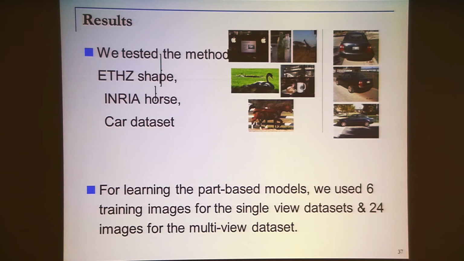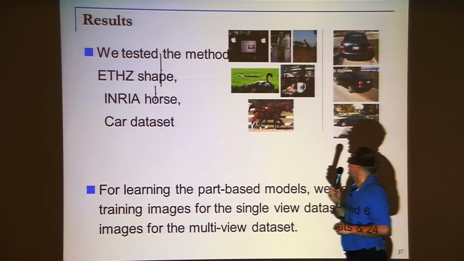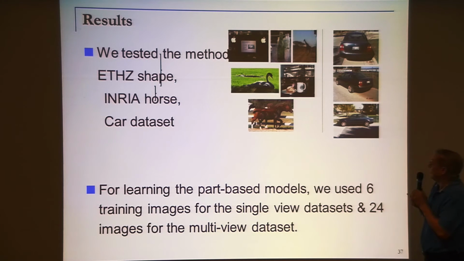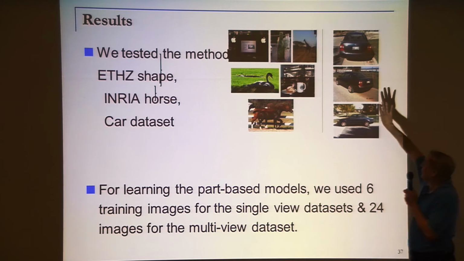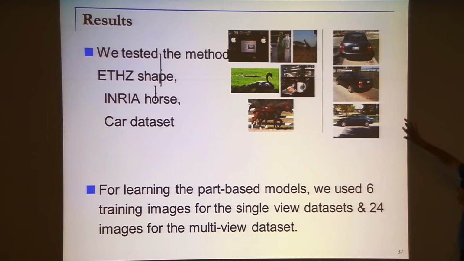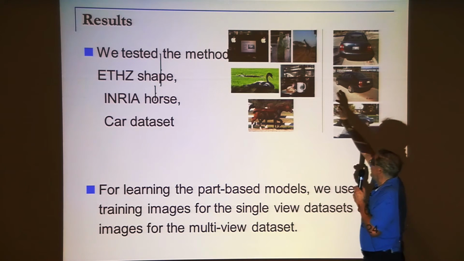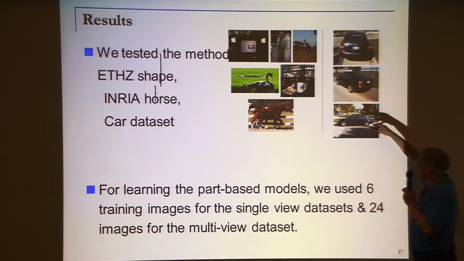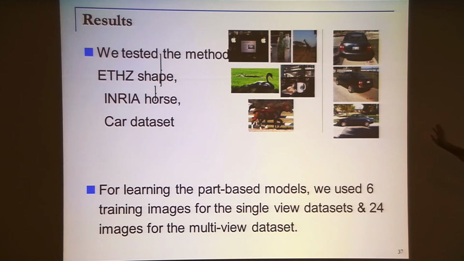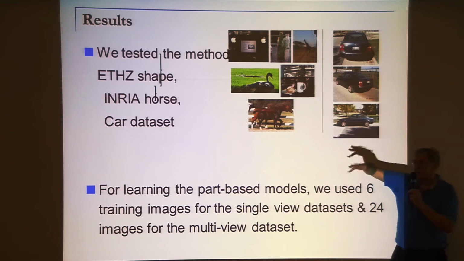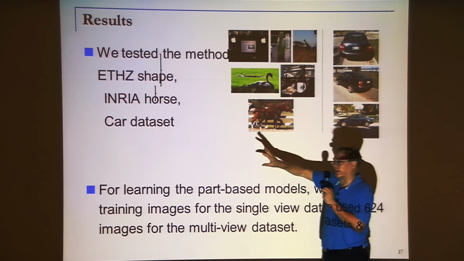You can get these results on various data sets: the ETH data set, the INRIA horse data set, and a car data set with various different viewpoints. The method gives you a number of different mixture models, and it gives you everything in a pretty unsupervised way.